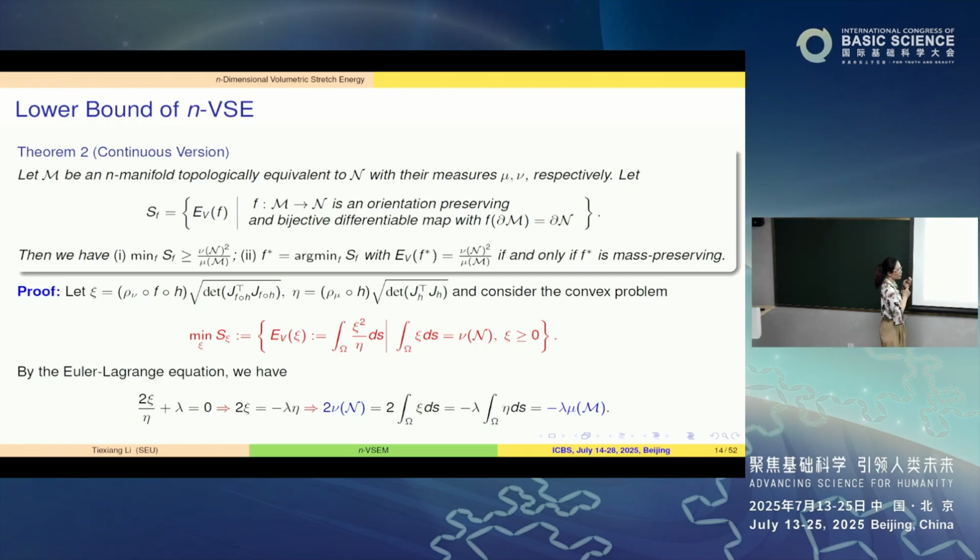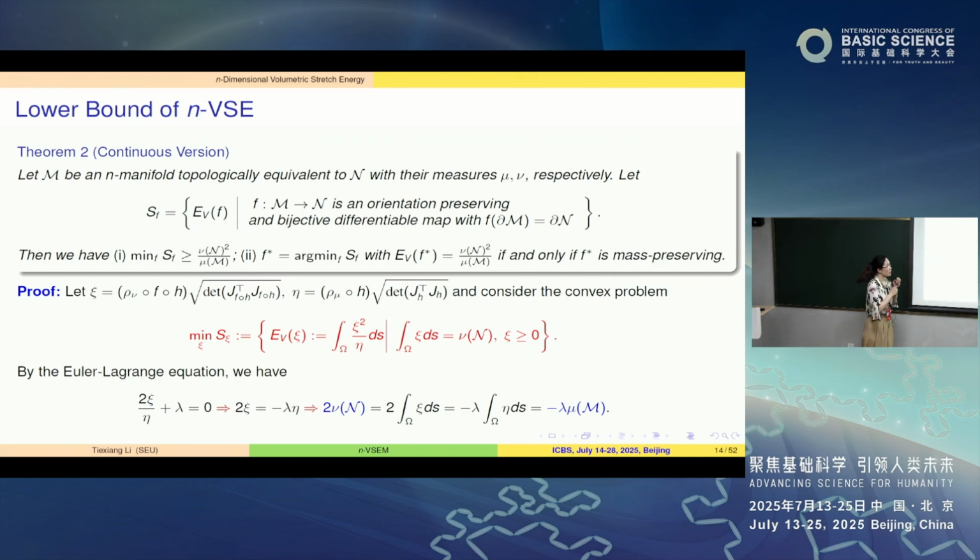And the most important result is this one: we proved that a map F star can reach the lower bound energy if and only if F star is mass preserving.